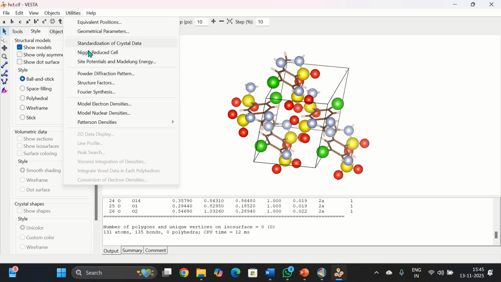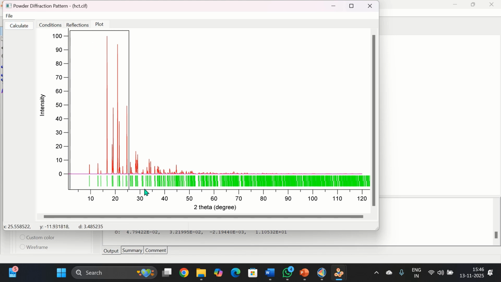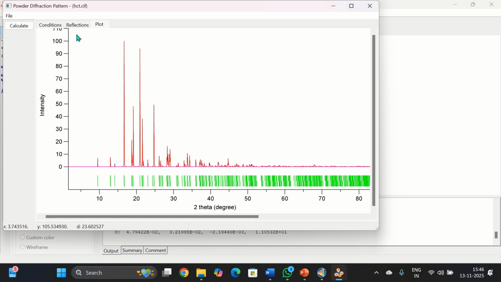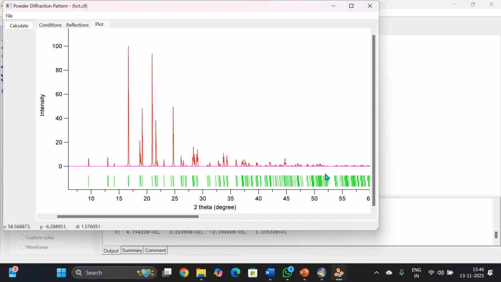So in the utilities, we will go to powder diffraction pattern and click calculate. So this will give us the calculated PXRD pattern. So if the crystal structure we have synthesized in the lab gives us PXRD data like this, like a peak at this point, and the intensified peak at this particular 2 theta value, and the other peaks at these obtained values, if it gives the exact same PXRD pattern, we can say that we have crystallized the required compound.